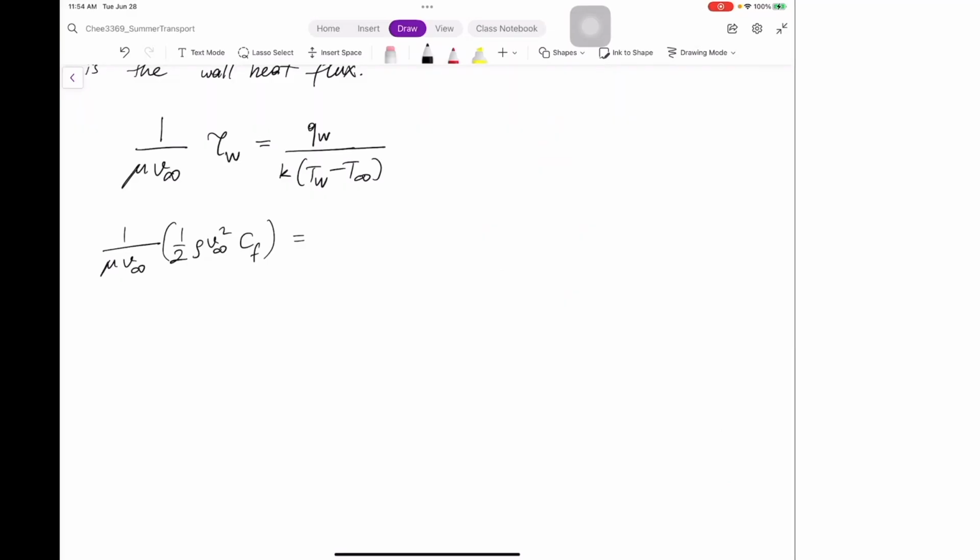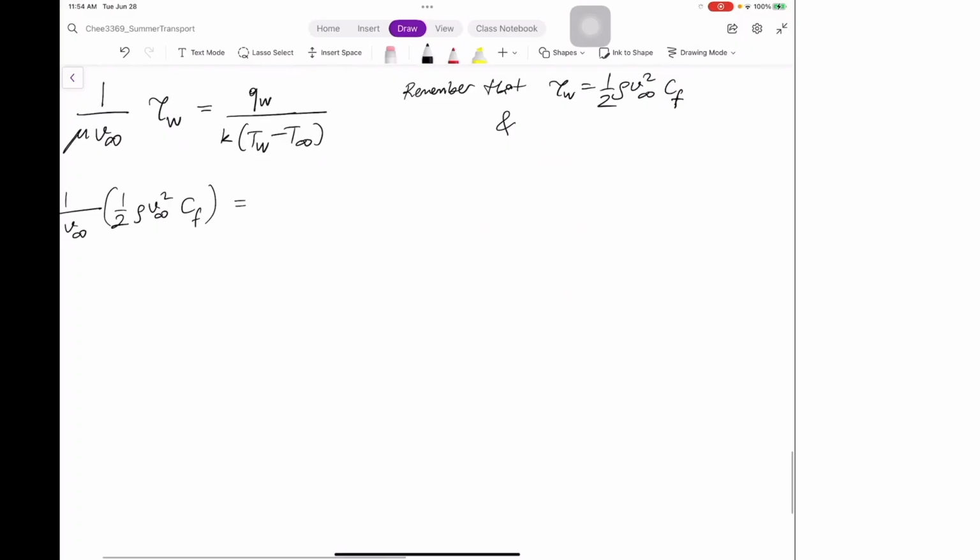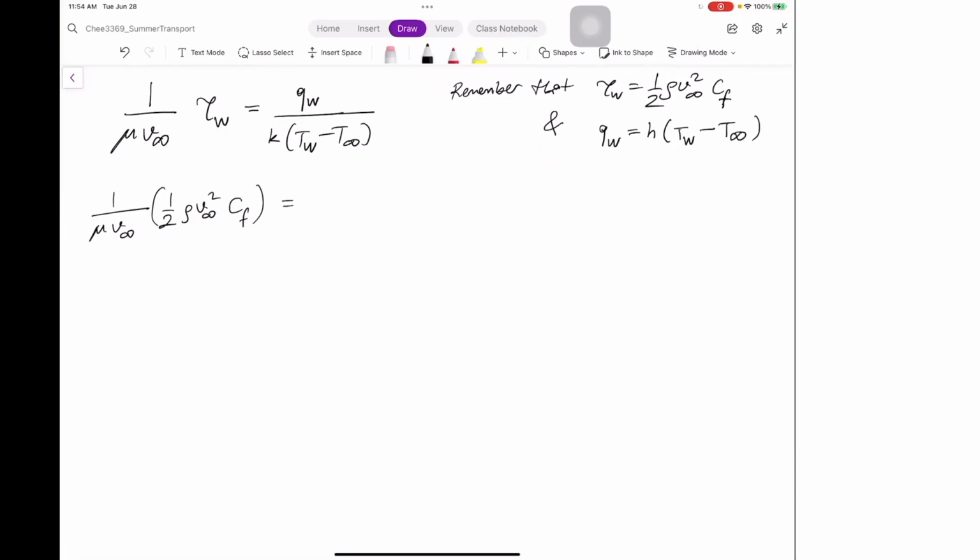and Q wall is, let's remember, tau wall is equal to 1/2 rho V infinity squared CF, and Q wall is, from Newton's law of cooling, H times T wall minus T infinity, the absolute value of it.